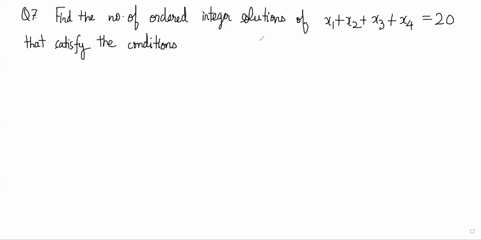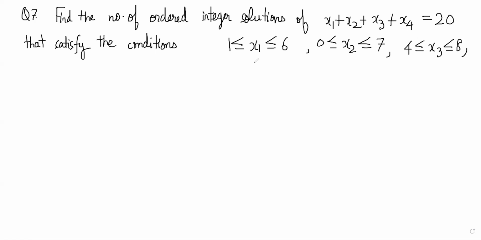The conditions that are given are 1 is less than equal to x1 is less than equal to 6, 0 is less than equal to x2 is less than equal to 7, 4 is less than equal to x3 is less than equal to 8, and 2 is less than equal to x4 is less than equal to 6.